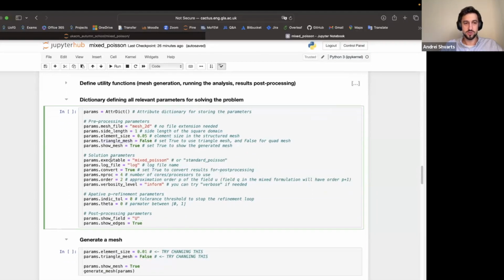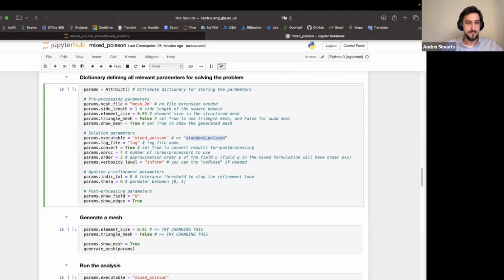And also for the solution, we're going to differentiate between the solution using the mixed Poisson formulation and the standard Poisson formulation. You can choose the number of processors to use. Obviously, you might want to use as many as you can, but you cannot use more processors than there are in your underlying system. And also an important parameter is the approximation order.